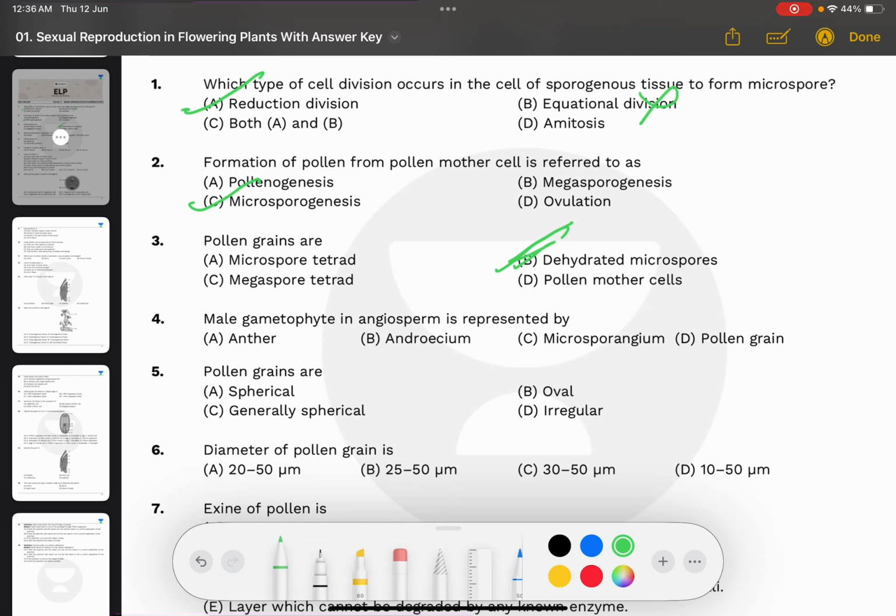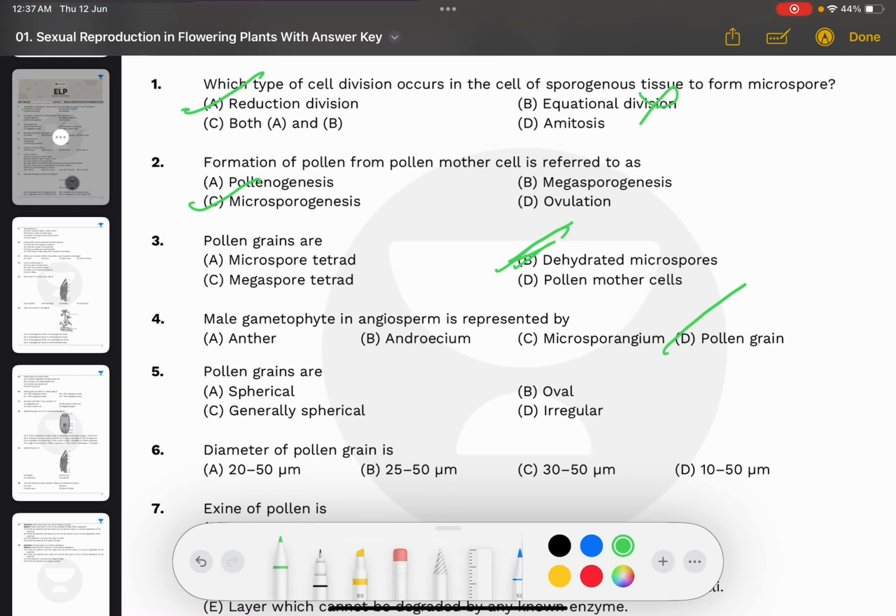Male gametophyte in angiosperm is represented by, oh very easy, it's the pollen grain. Now talking about this question, pollen grains are, let's look up the question. I am thinking the second one is the right one.